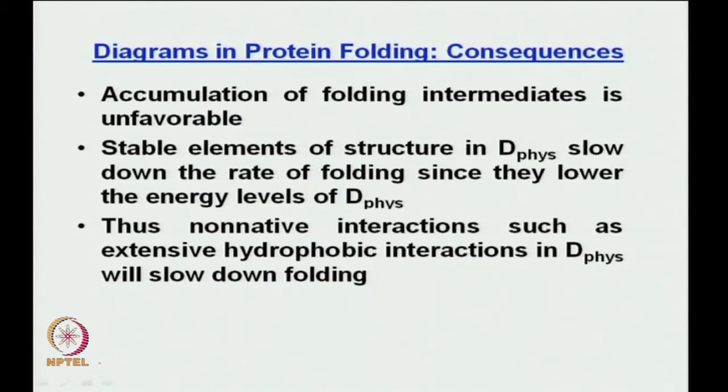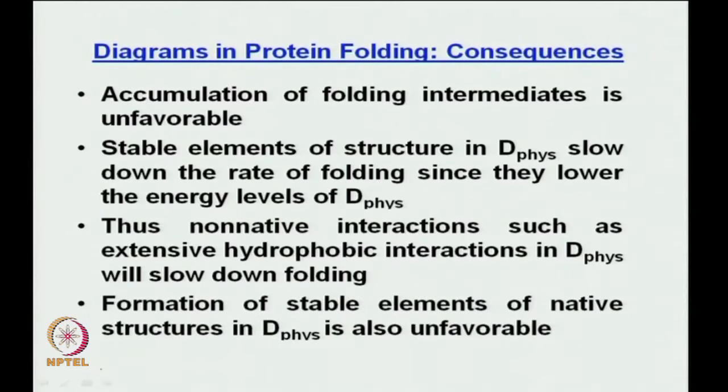Would affect your folding rate by slowing it down, as compared to the case where you would not be having any such stabilizing interactions present. See, here I am not talking about intermediates, I am only talking about what? The cases A and B, where there was no intermediate, I only had the D physiological. In case A, the D physiological was almost the same as U, or was the same as U, and the second case, which is case B, D physiological was of lower energy than U. Good.